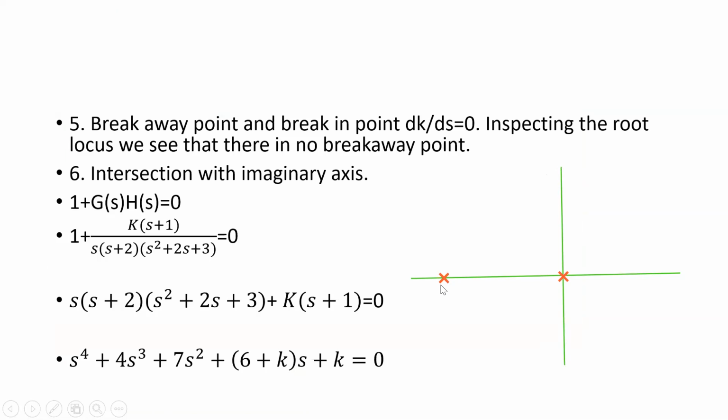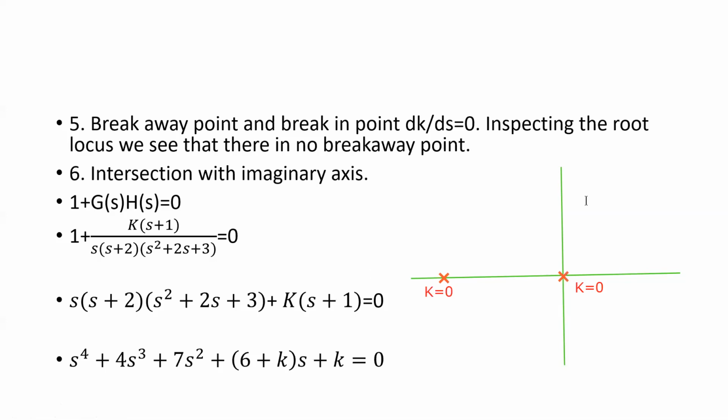At the pole, the gain value k will be 0. We saw this in the initial class: when k was equal to 0, there were two roots, one at s equal to 0 and one at s equal to minus a. So when k equals 0, you have two poles here, one here and the other one here.